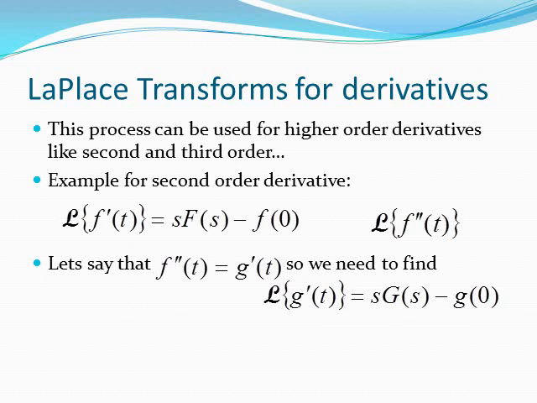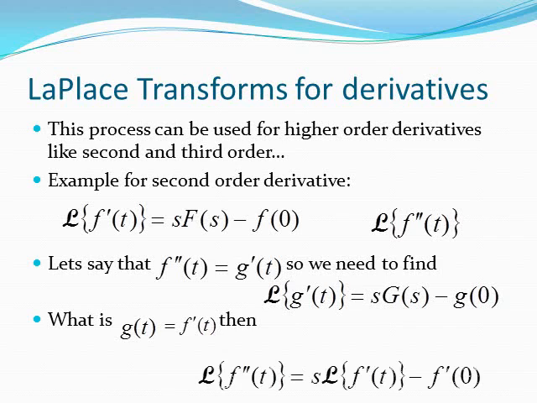And then, what is g prime of t? Well, that is the first derivative of f. And so if I make my substitutions, the Laplace transform of the second derivative of f is equal to s times the Laplace transform of the first derivative of f minus the initial value of the first derivative of f.